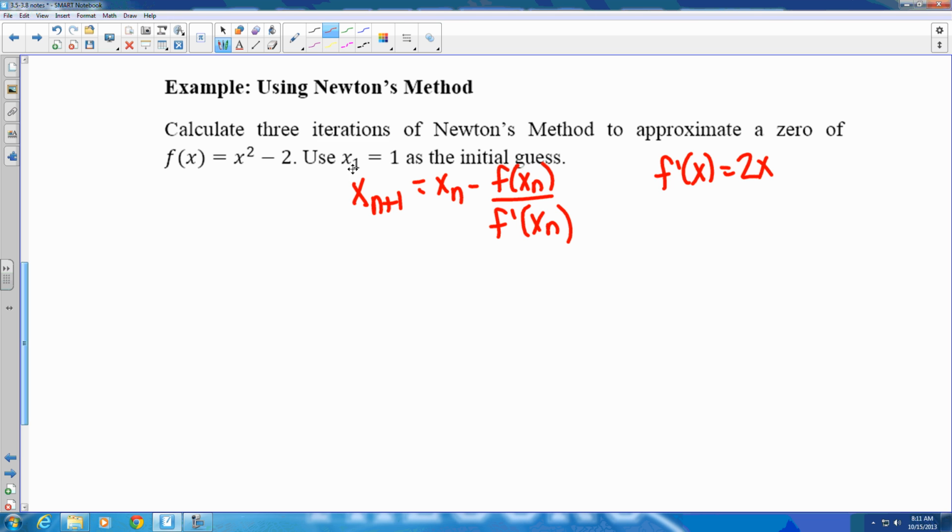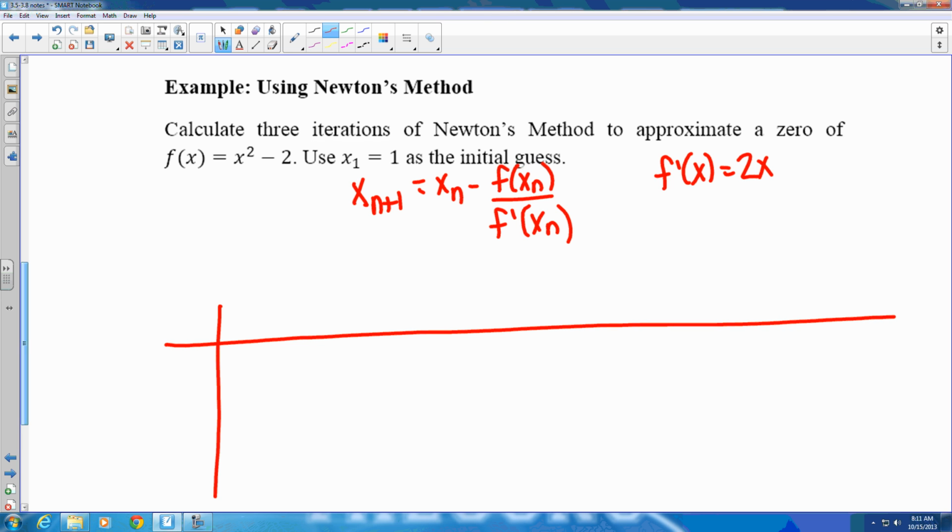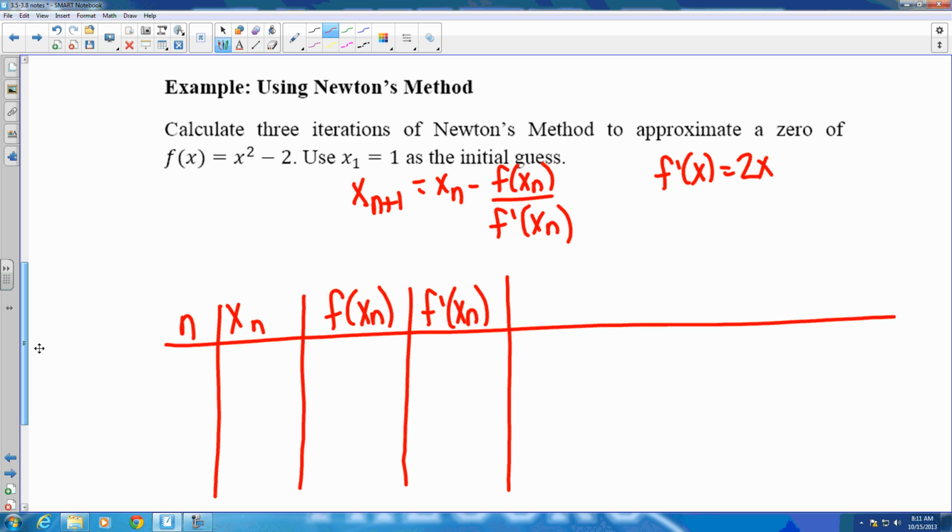The easiest way I think to do Newton's method is to make a really big table. We have an n column that's going to tell us how many guesses we've had. We're going to use xn, which tells us what our previous guess was. F of xn, the function value at that point. F prime of xn. Then you're going to divide those last two.